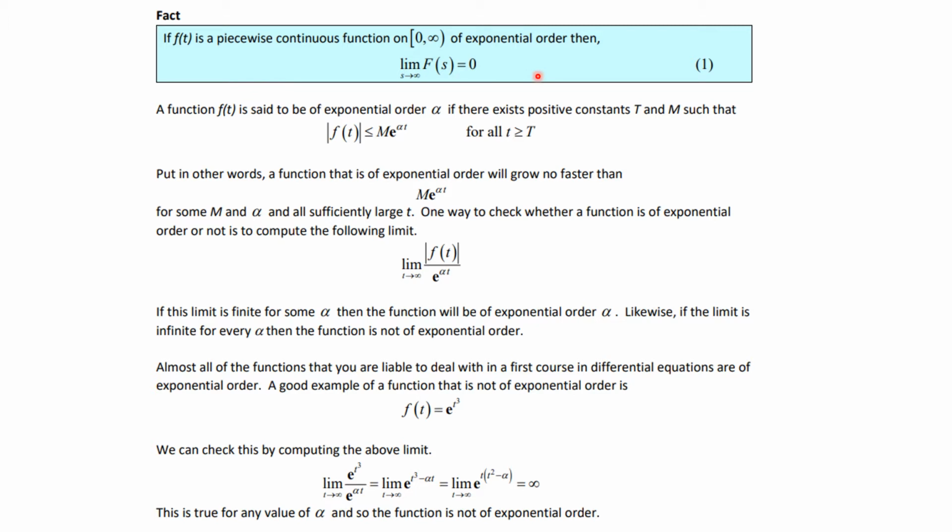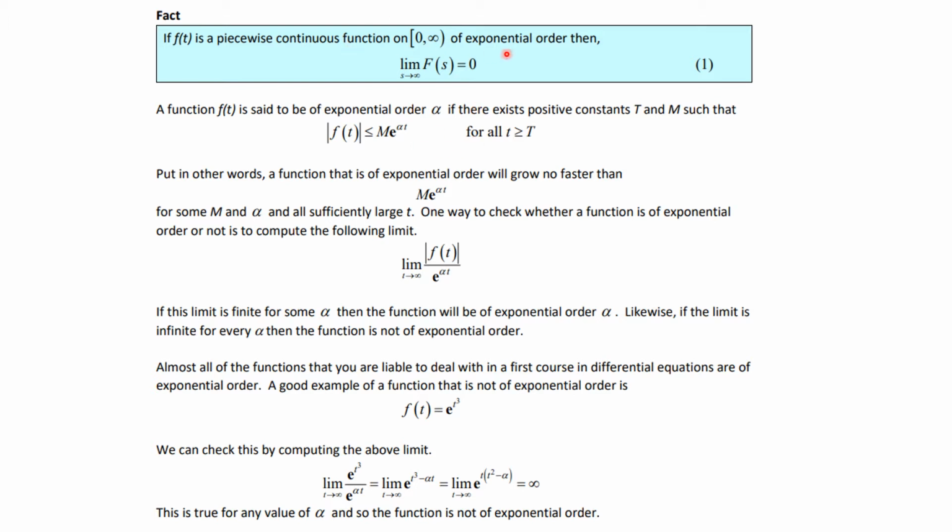You might have noticed when you look at your table that everything in the F of s column is bottom heavy. The powers of s on the bottom are higher than the ones on the top, and that will make this limit be 0.